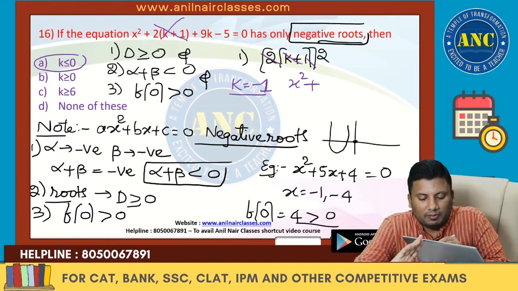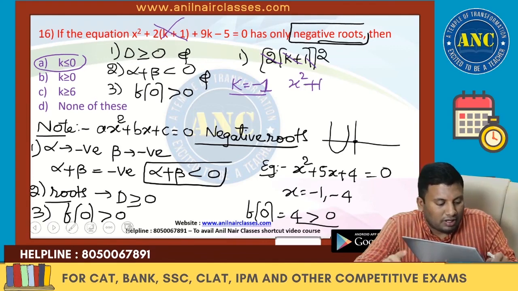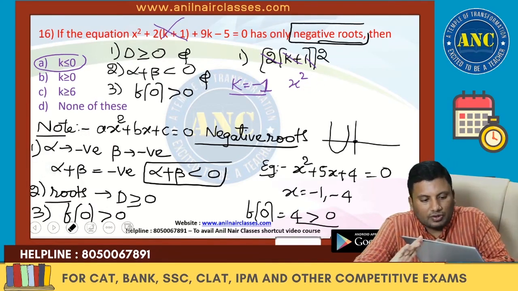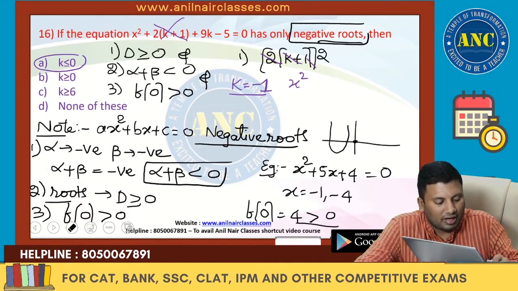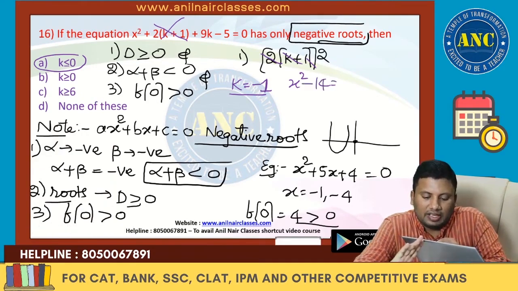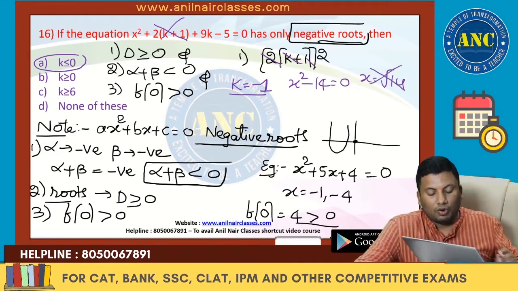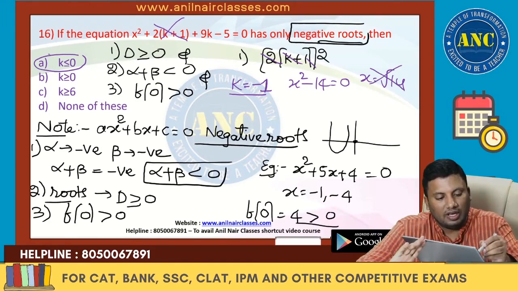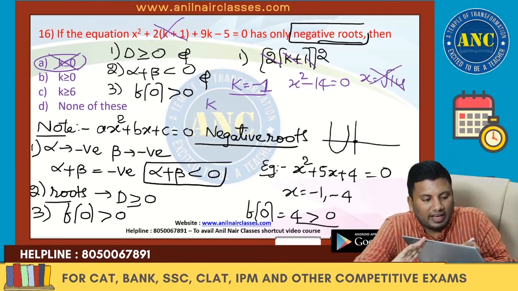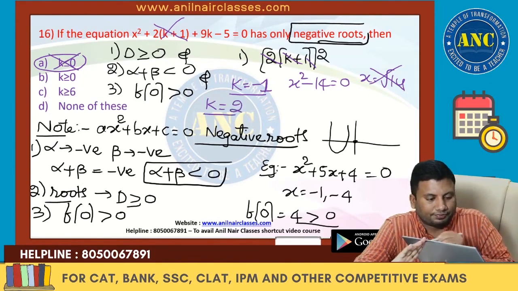So this will become x square minus 14 equivalent to 0. That means x is coming out to be root 14. Root 14 is positive. These are not possible.